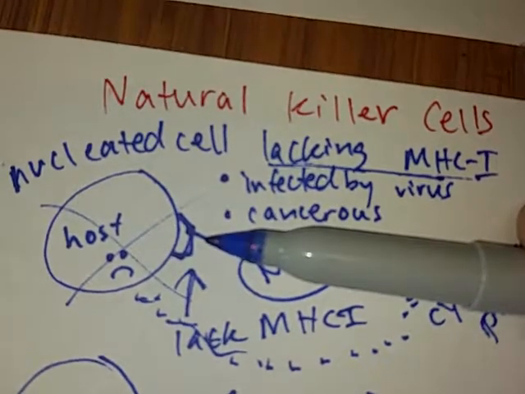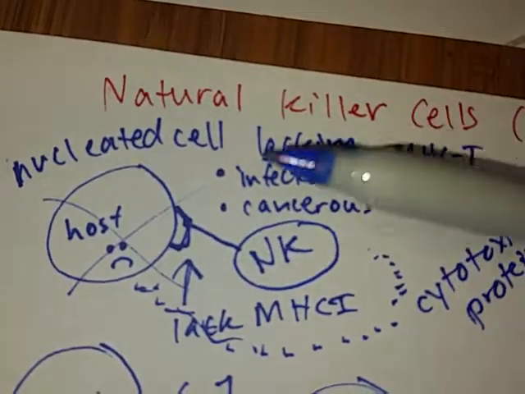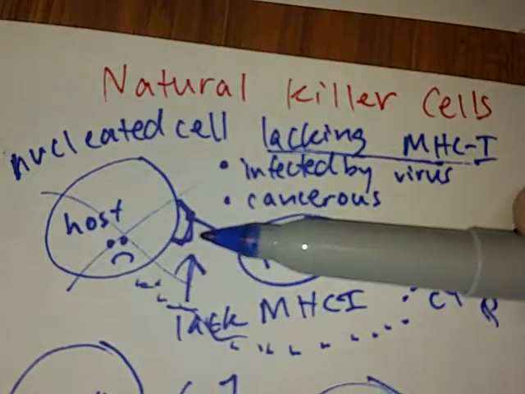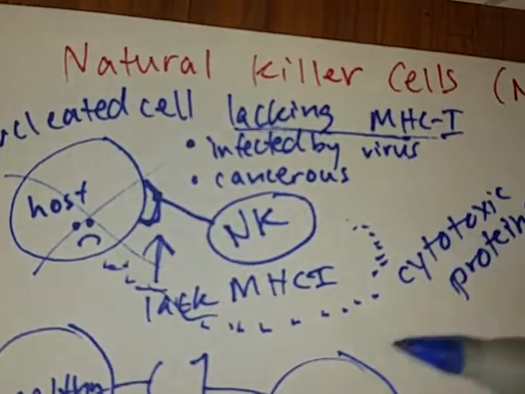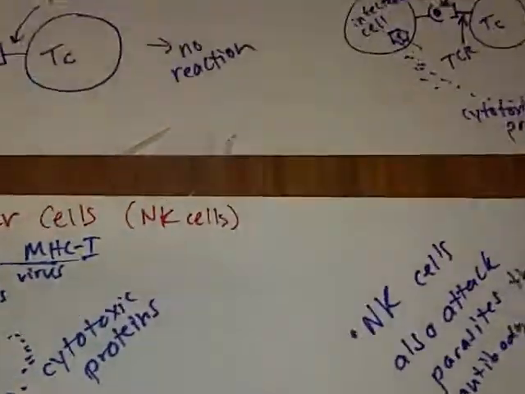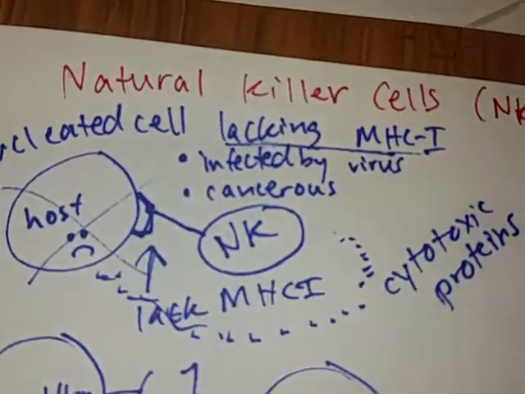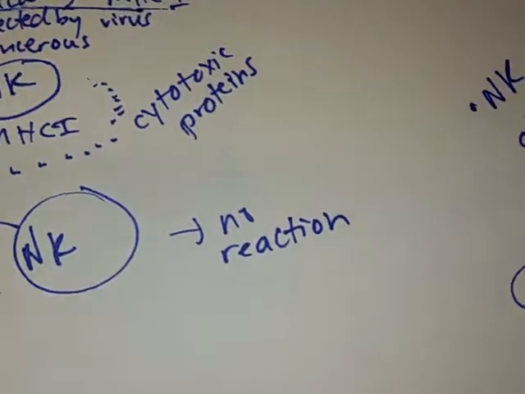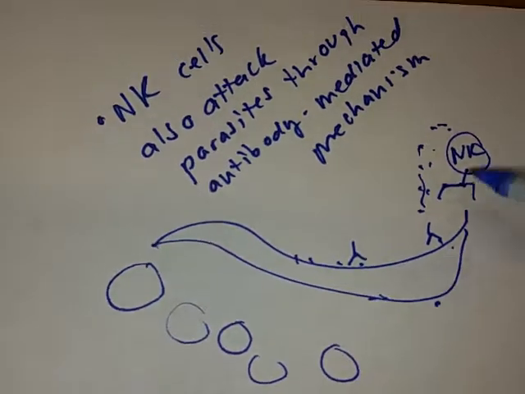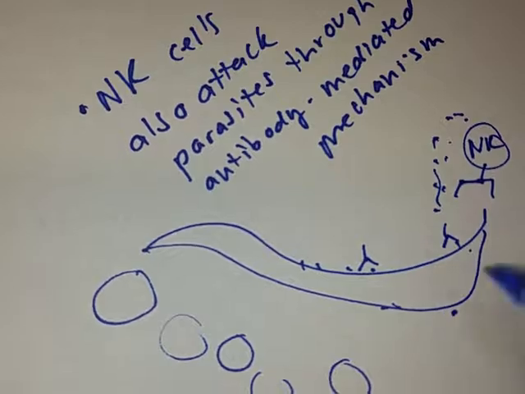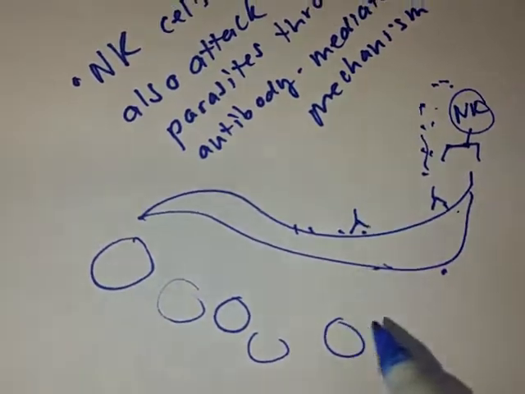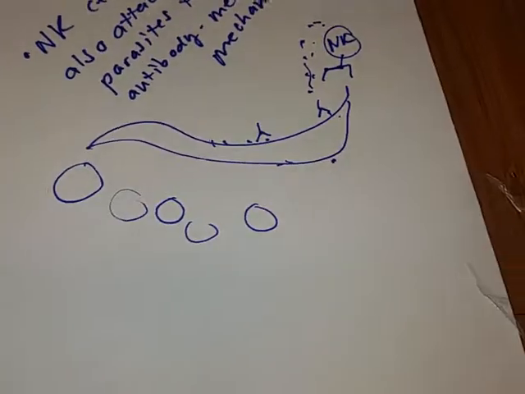That means you've either been taken over by a virus or this is a cancerous cell, we need to kill it off. So it'll release those cytotoxic proteins, just like with T cytotoxic cells, to kill off the infected cell or the cancerous cell. Natural killer cells, we'll see this again later in the chapter, can also attack extracellular parasites as well.